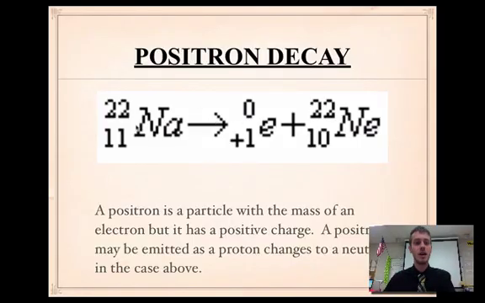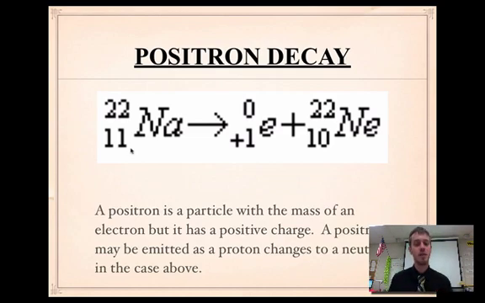Positron decay. For positron decay, it's going to be the opposite of beta decay. Instead of a neutron becoming a proton, a proton is going to become a neutron. So the proton is going to lose its positive charge, and we're going to call that a positron.